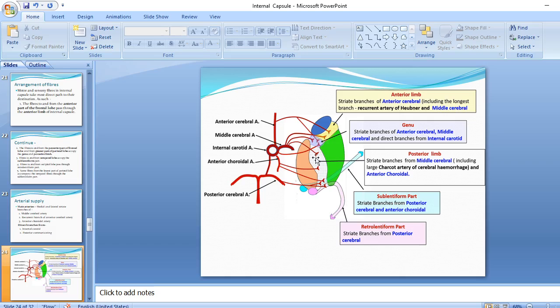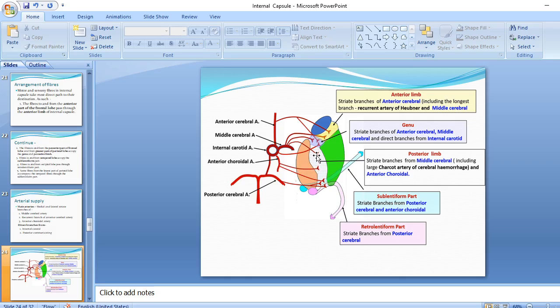The posterior limb is supplied by striate branches from the middle cerebral artery, including a large branch known as Charcot's artery of cerebral hemorrhage, and there is a branch coming from the anterior choroidal artery.